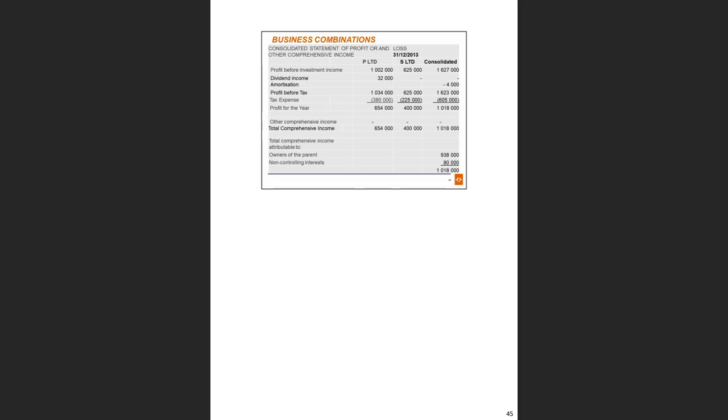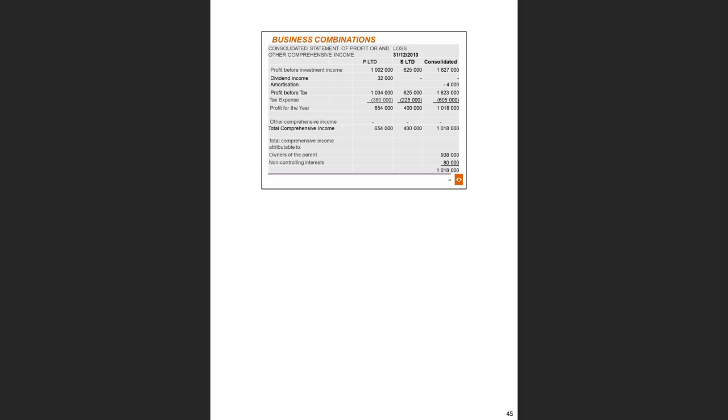Okay, so it's just showing you how to do your consolidated statement of profit or loss. So you're just adding P and S. Obviously, you need to remember those pro forma journal entries, because that could change some of the figures. Just like dividend income was eliminated on consolidation, our amortization was not in any of the individual companies, but we processed that pro forma journal entry.